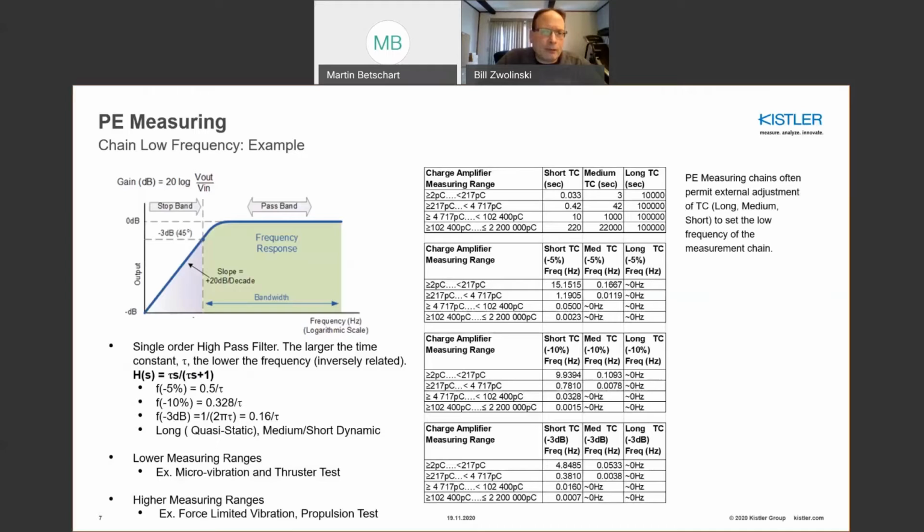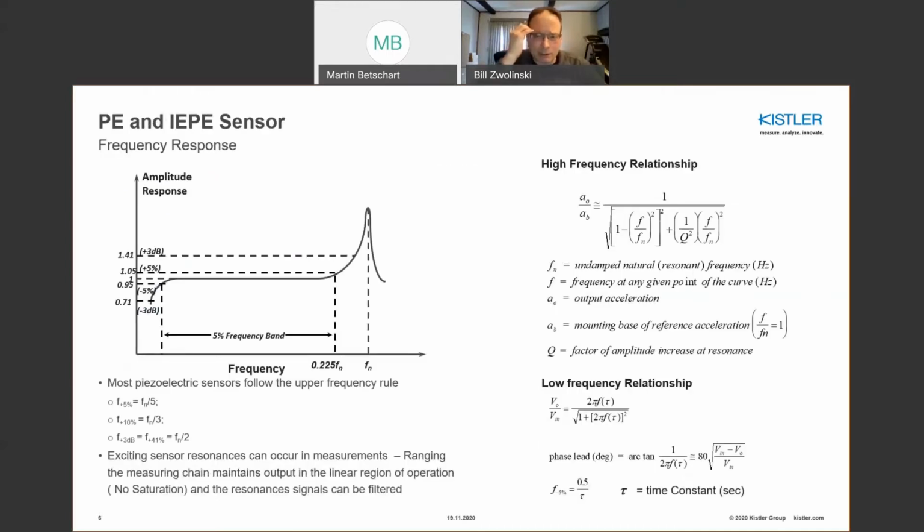In terms of the frequency response, it's always important to remind ourselves how piezoelectric sensors work. They're basically lightly damped second-order systems on the high end and single-order high-pass systems on the low end. What you see here is a relatively flat amplitude response with frequency until you get in the vicinity of the resonance. That's quite typical of a lightly damped system.